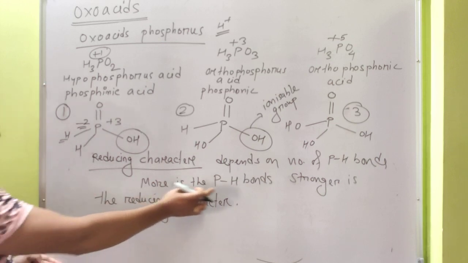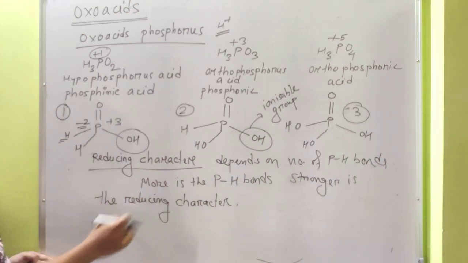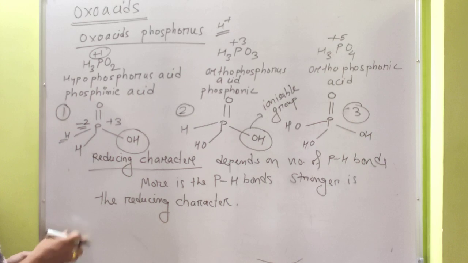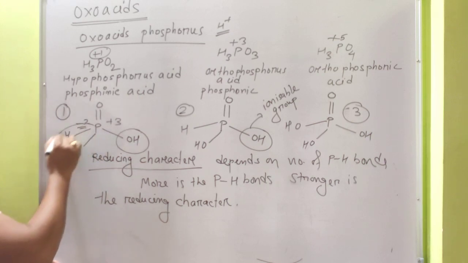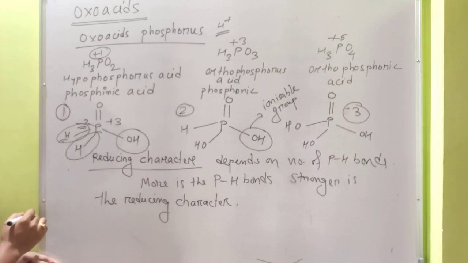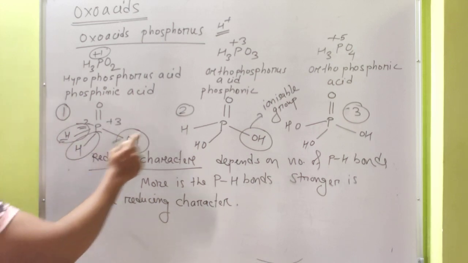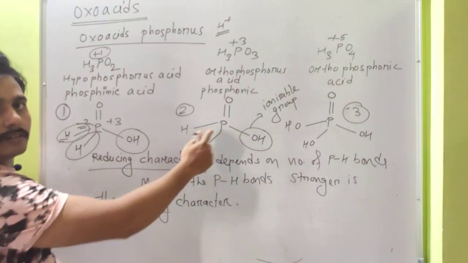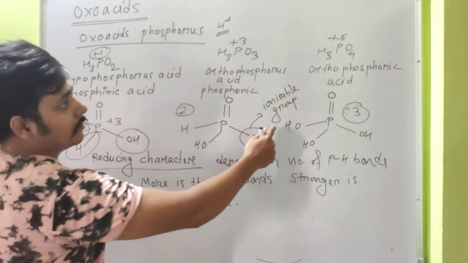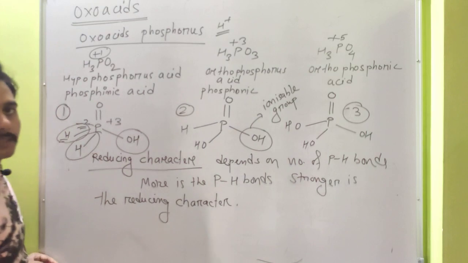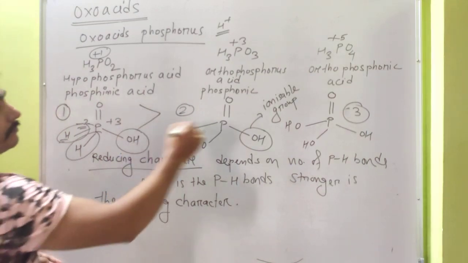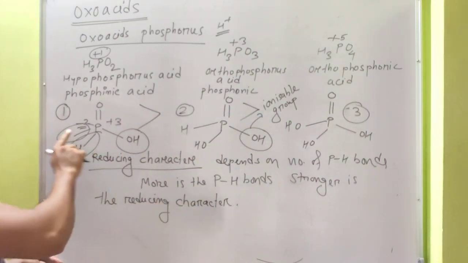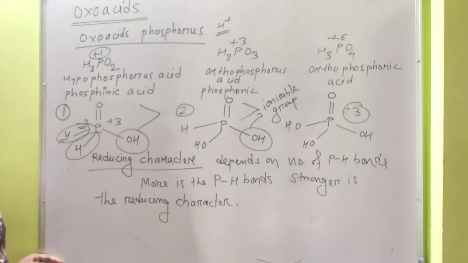The more P-H bonds, the stronger the reducing character. As it has 2 P-H bonds, it is a stronger reducing agent than the next one, which in turn is a stronger reducing agent than orthophosphoric acid. Reducing character decreases in this way.